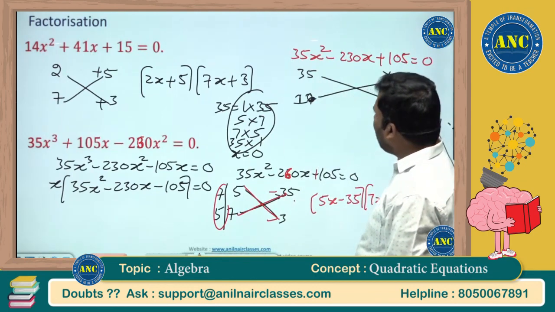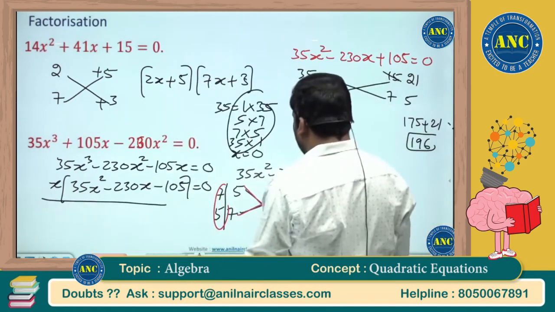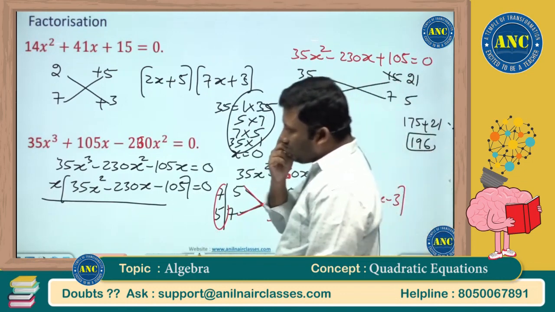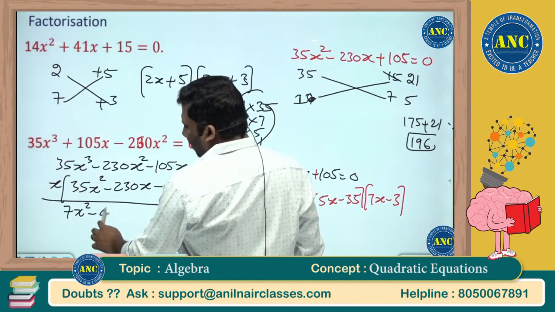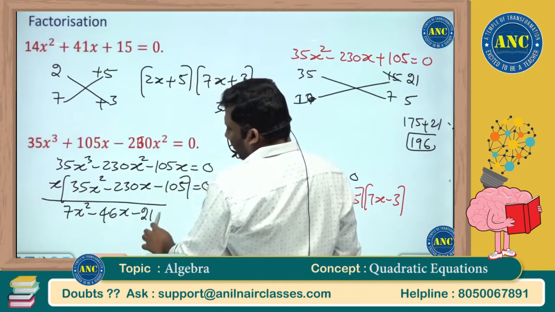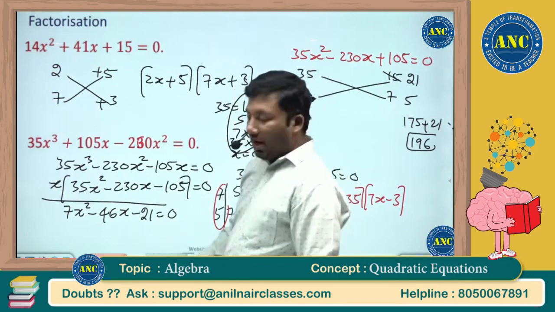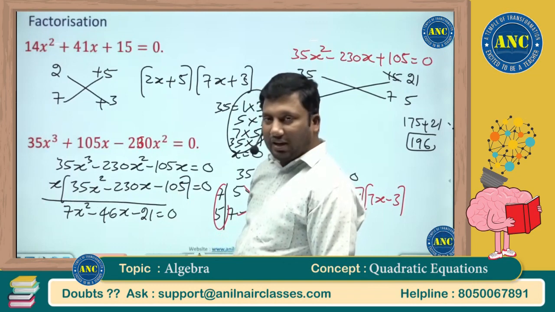Let us see by using this. Let me take 5 common. If I take 5 common in this, this will become 5 into 7x square minus 46x plus 21 equivalent to 0. Am I right? I am taking 5 common. 5 sevens are 35, 5 46s are 230, 5 21s are 105.